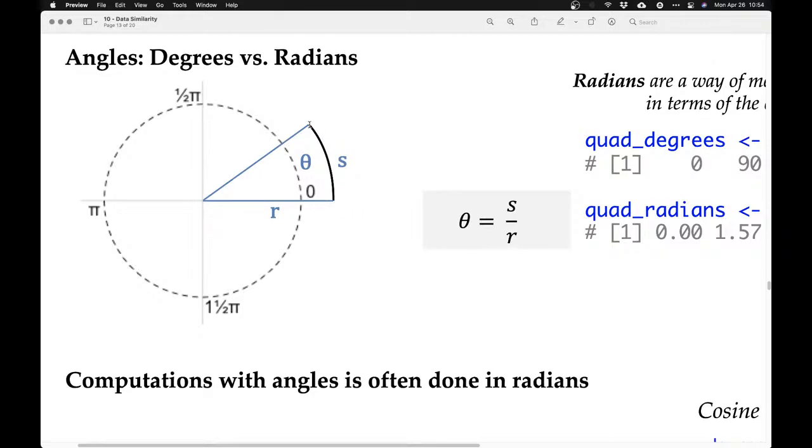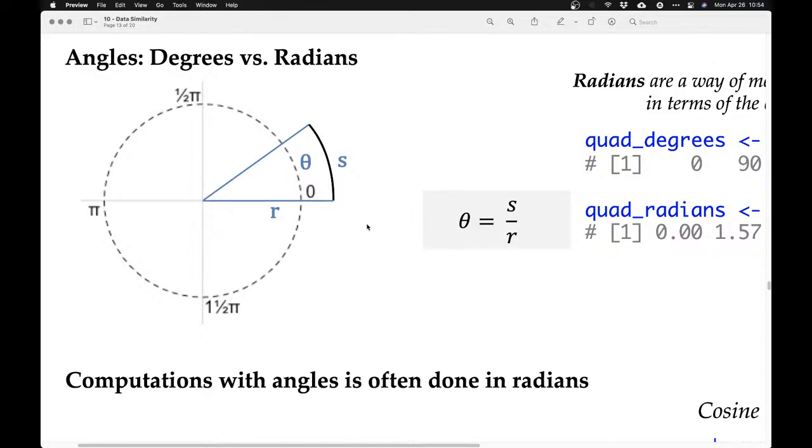Then we describe the angle as the distance you've walked around the circle, S, versus the radius of the circle, so S divided by R gives you the angle in radians.